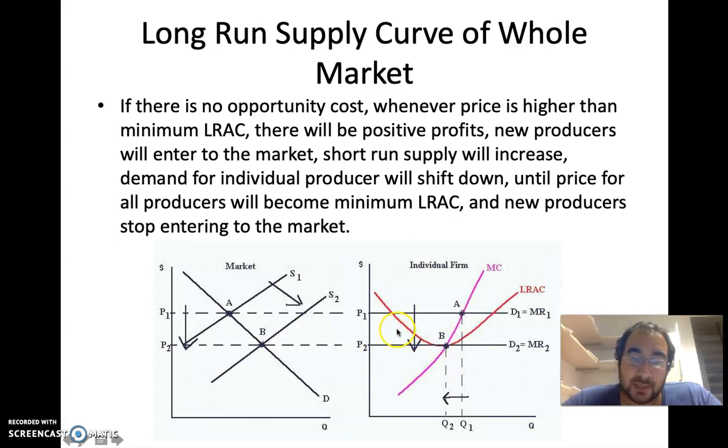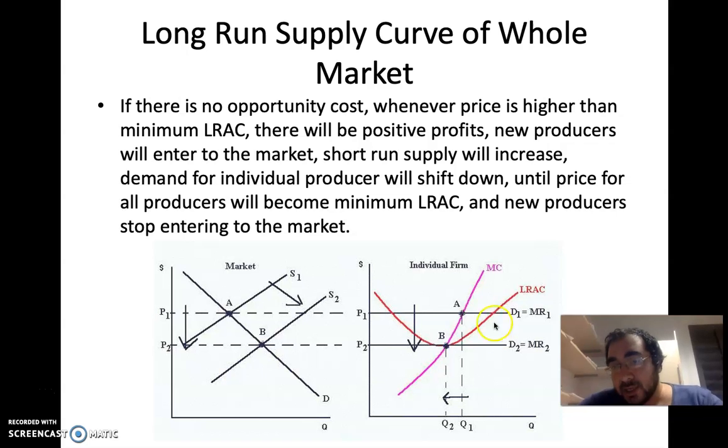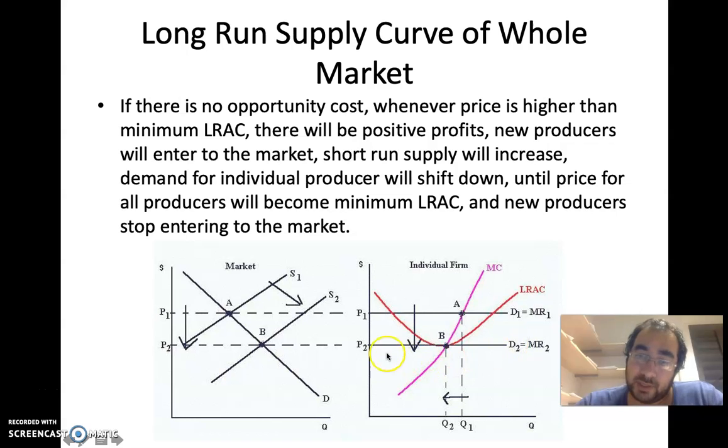But when new companies enter the market, supply in the whole market will increase. This will decrease the marginal revenue or demand of companies. And this process continues as long as there is some amount of profit that people are able to earn, when all costs, including opportunity costs, are included. Companies will only stop entering the market when the existing companies in the market just break even.